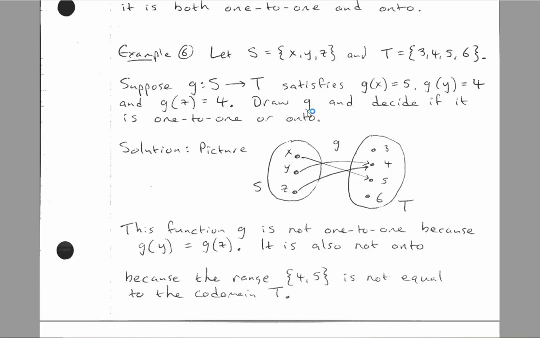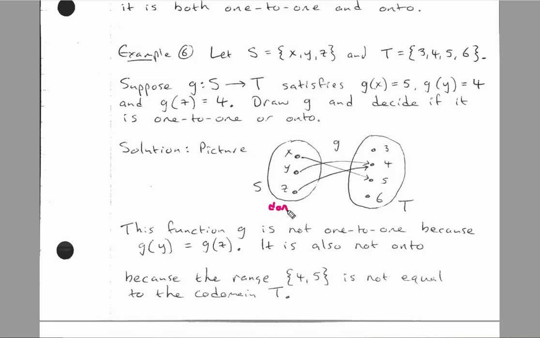Draw G and decide if it's one-to-one or onto. All right, so we have the domain here.